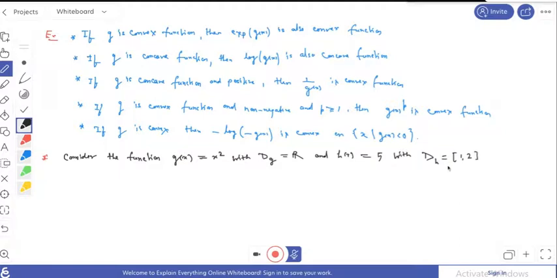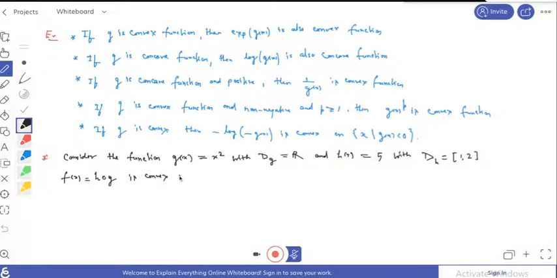Now we do not simply need gx, we have to check the composite function f. So fx equals h of g, and we have to check whether this is convex or not.